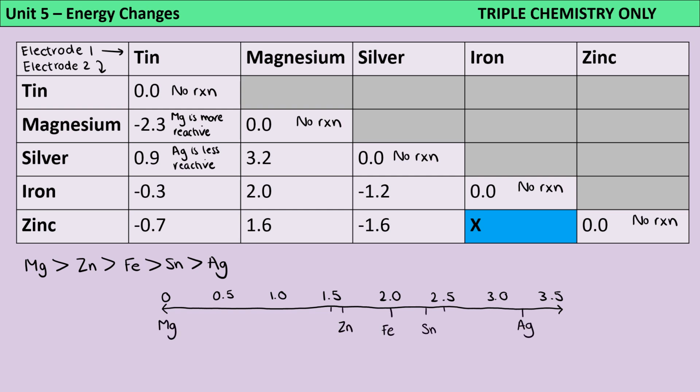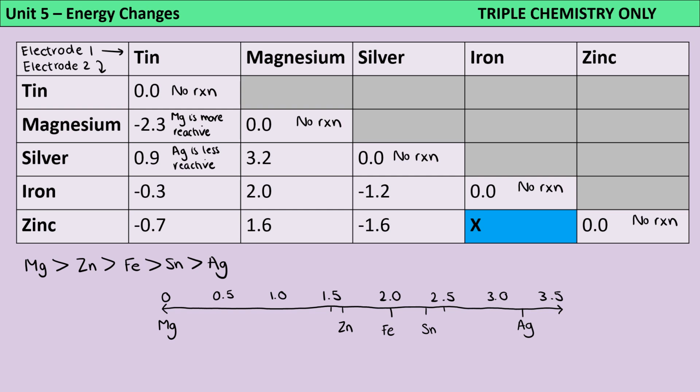And obviously for tin, I have to think a little bit carefully and go, well, I haven't got tin in the magnesium column, but if I did, it would be the negative of the magnesium in the tin column, so it would be 2.3. So now if I compare any two of these metals, I can work out what the value in the table would be. So let's start off with something that is in the table so that you can check that I'm right.